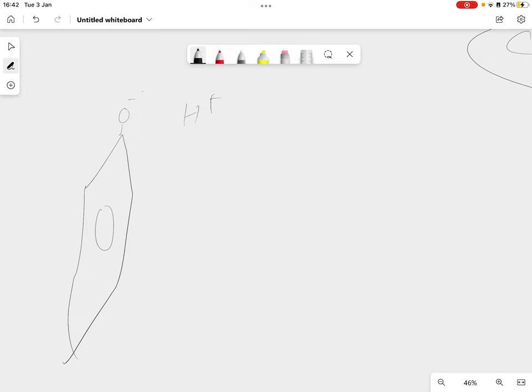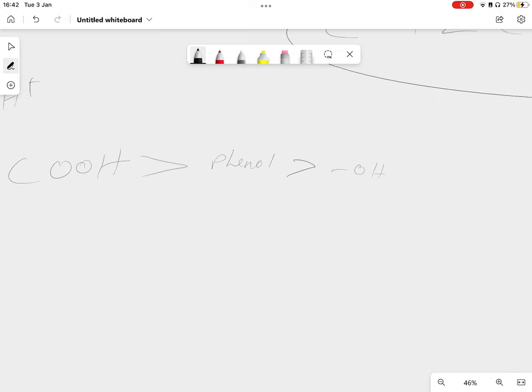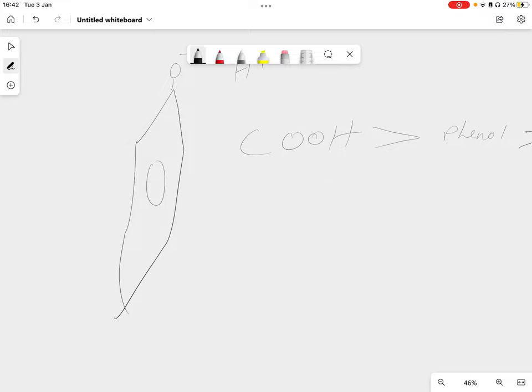Now, in terms of phenol's acidity, as a reference, a carboxylic acid is a stronger acid than a phenol, which is a stronger acid than an aliphatic alcohol. The test for this is that phenol will react with sodium hydroxide, but it will not react with sodium carbonate. Carboxylic acids will react with both.